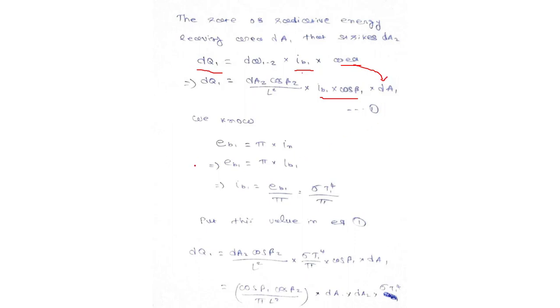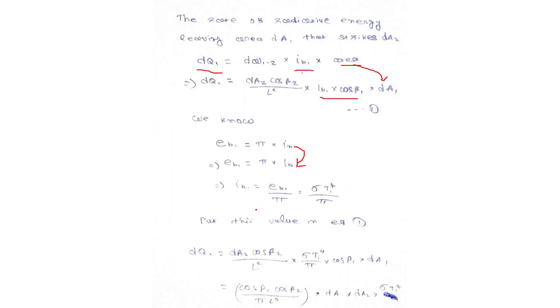Now we know EB1 is equal to pi into In, and we are considering IB instead of In, so we put IB1. Taking IB1 as the subject, IB1 is equal to EB1 upon pi, and according to the Stefan-Boltzmann law, EB1 is sigma T1 raised to 4.